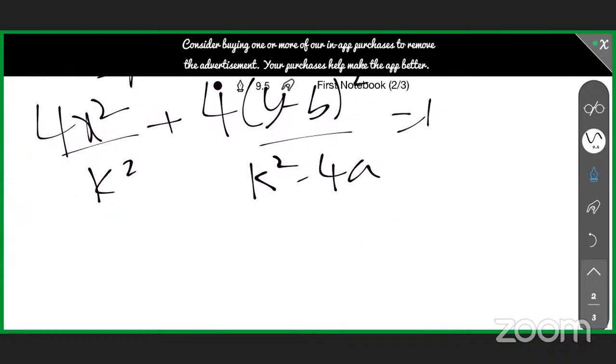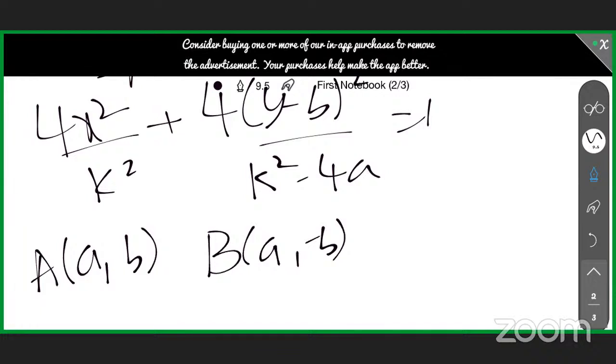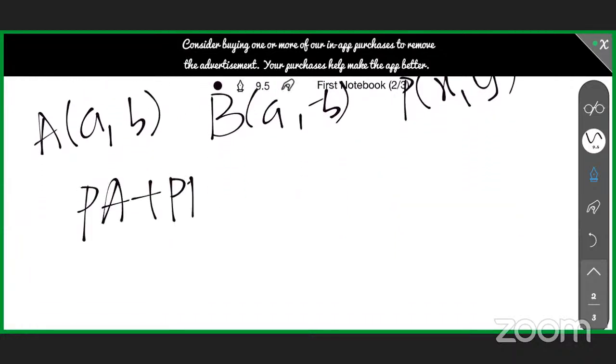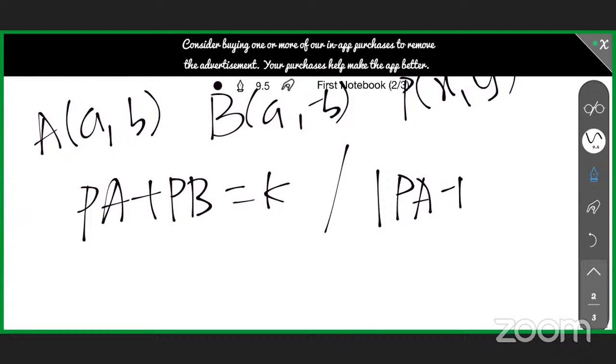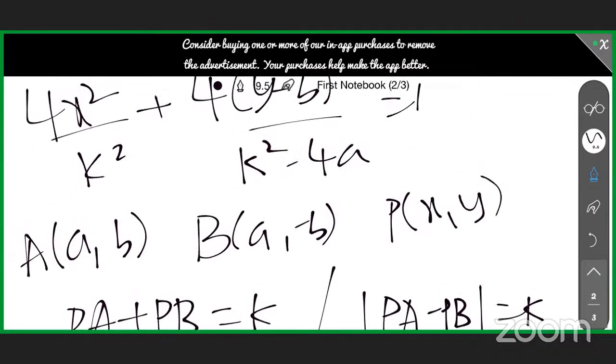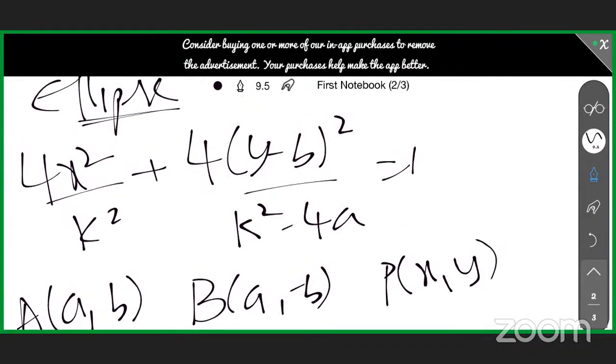I explained the theory: if (a, b) and (minus a, minus b) are two fixed points, and a locus P(x, y) satisfies the condition either PA plus PB is equal to some constant, or else modulus of PA minus PB is equal to some constant, then the equation will be of this one when my k is not equal to 2a.